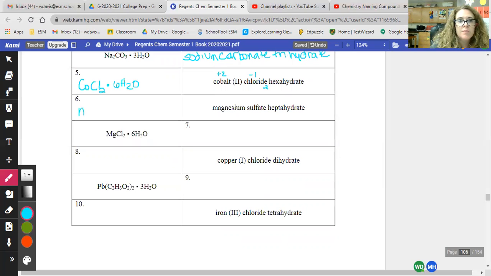Now magnesium, symbols, and then sulfate, so SO4. Charges, magnesium is a +2, sulfate is a -2, so that's good. And now I'm going to do my dot, and now hepta is 7, and then hydrate, water.